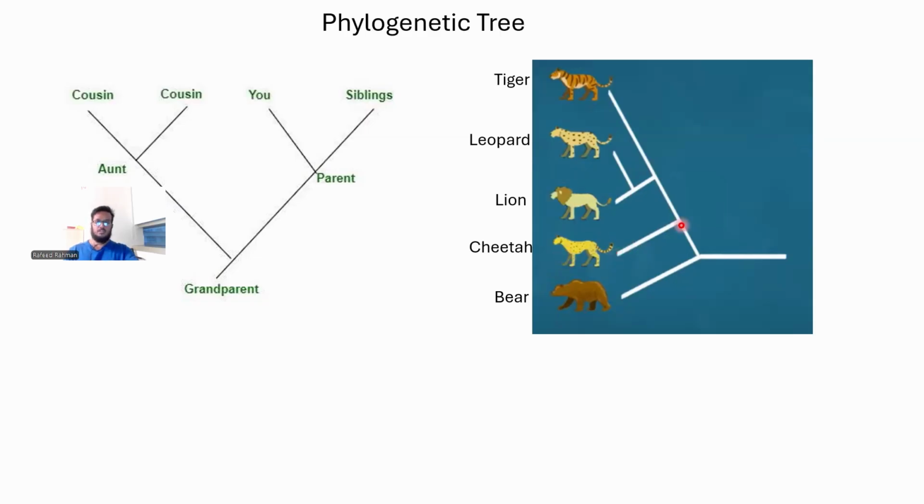Cheetah is rooted with the second ancestor. If you start from here, then you have cheetah right here, and then you go down. You have to divide even further, and then you get these two leaves, right? So cheetah is farther away compared to lion, leopard and the tiger. Basically, the leopard is the closest to the lion. It is a bit farther away from the tiger, and even further away from the cheetah, and even further away from the bear, because the common ancestor for leopard and lion is this.